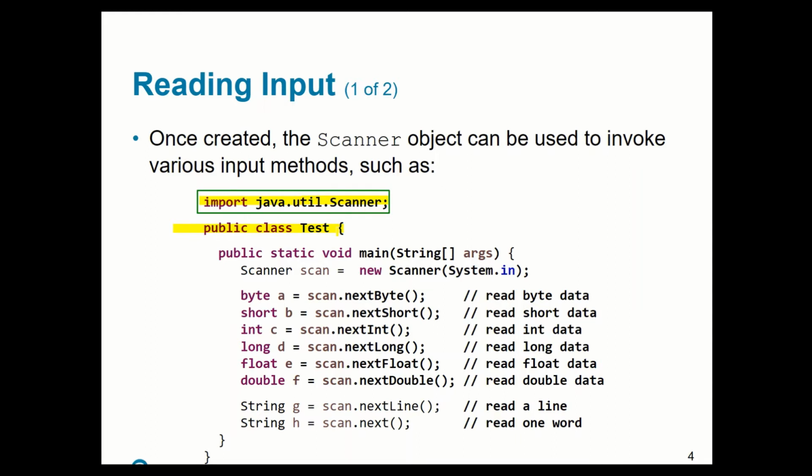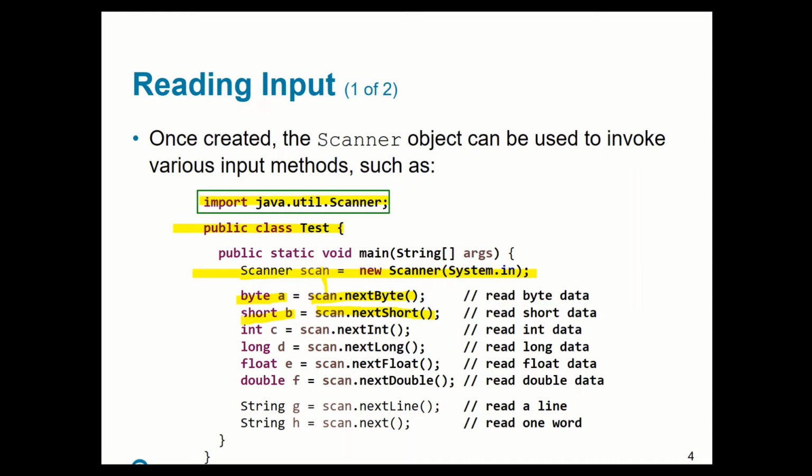After creating a Scanner object like this, we can read various data types using methods. By looking at the method name, you can see what type of data the method is reading. Here, scan.nextByte will read 1 byte, and this will store the data into a byte variable. scan.nextShort will read a short value and assign it to a short variable.